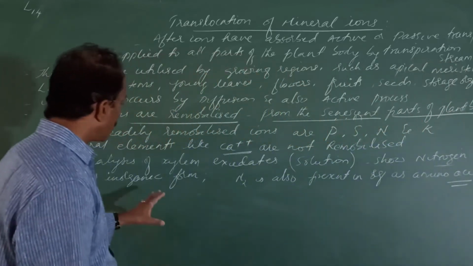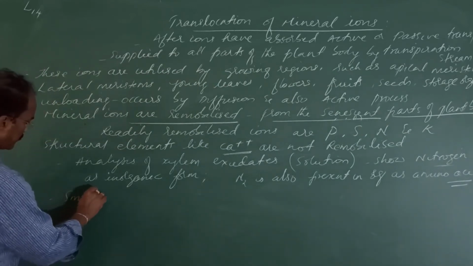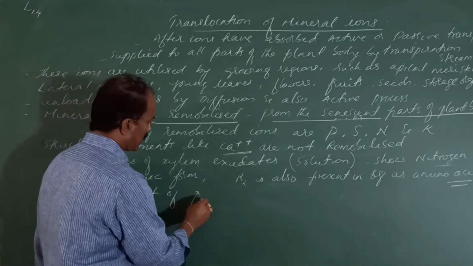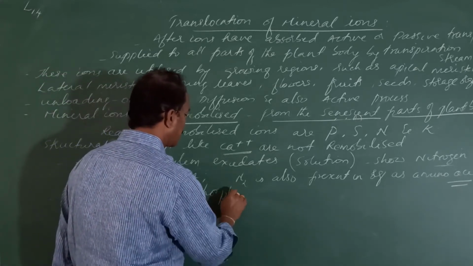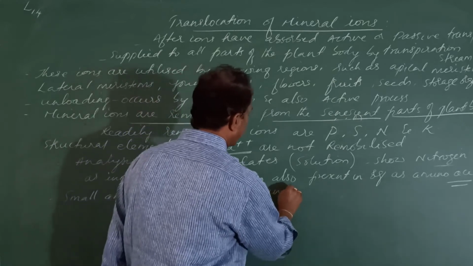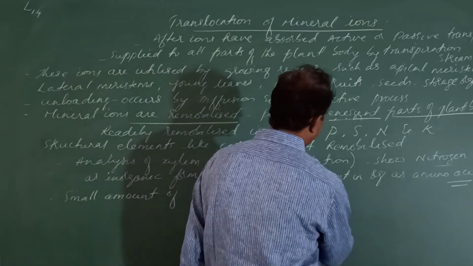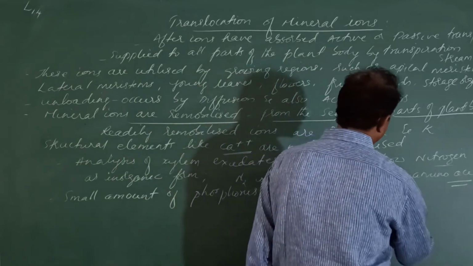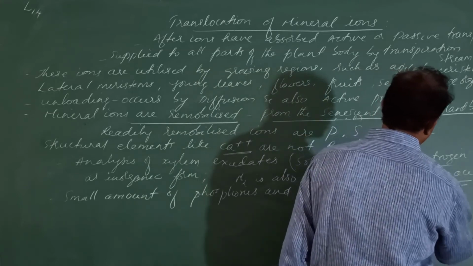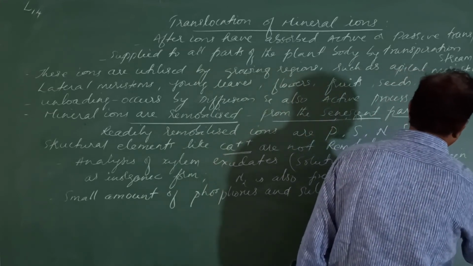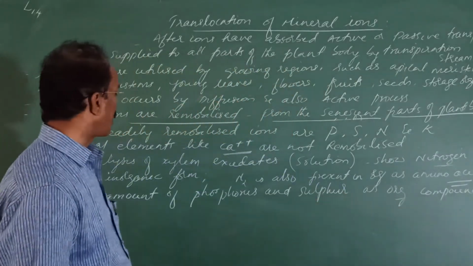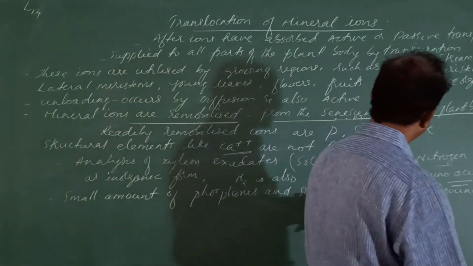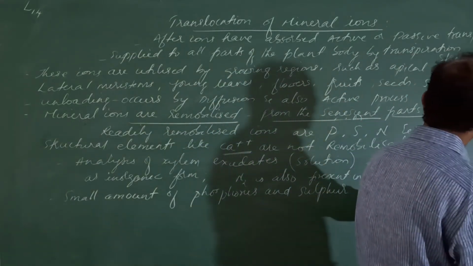And a small amount of phosphorus and sulfur, they occur in the form of what? Organic compounds. I am writing ORG. ORG means organic. A small amount of phosphorus and sulfur are present as organic compounds.